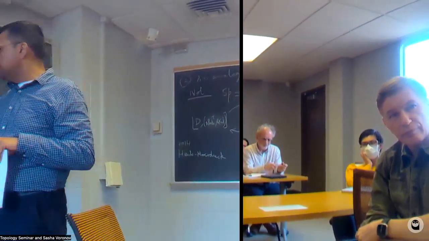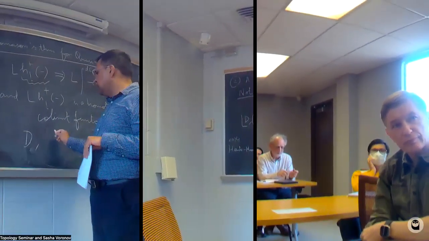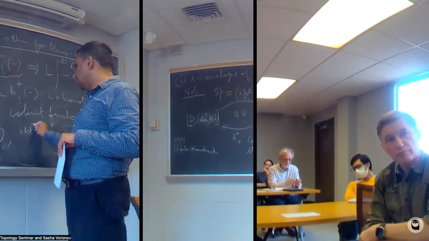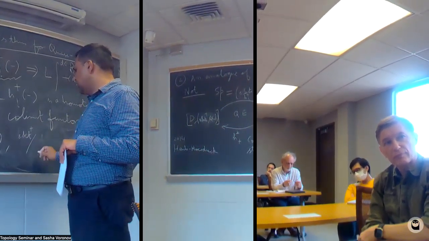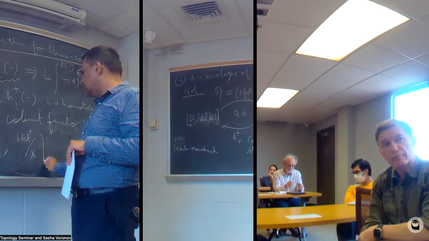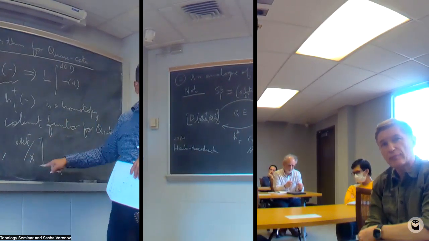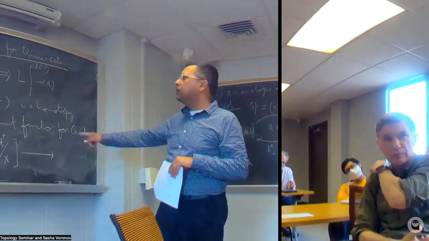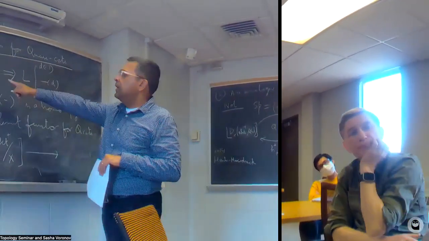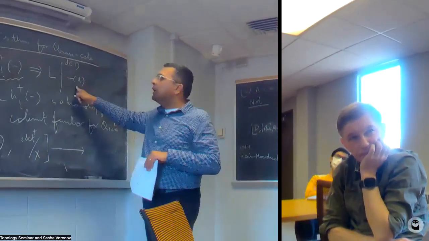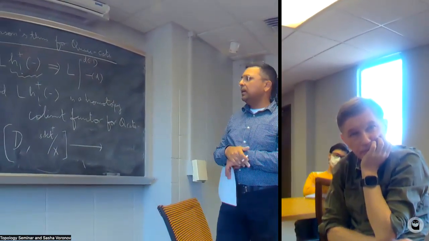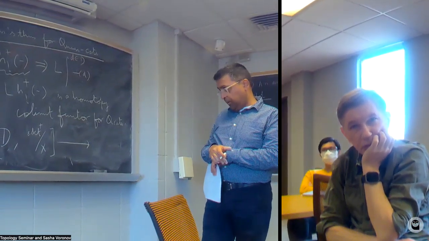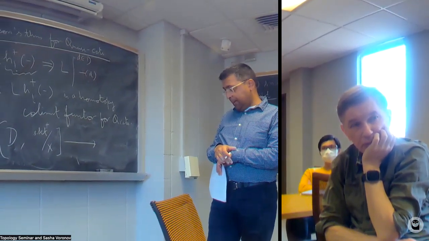Basically, what you're asking is whether this, or a modification of that, would give you a homotopy colimit functor on this.